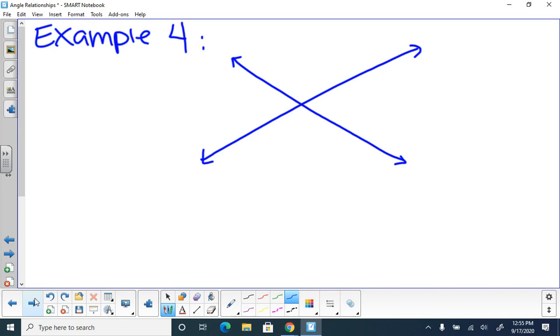So if I said that this angle right here was 73 degrees, and I asked, what is angle B? Now, when we've set up the equations for complementary, we said angle 1 plus angle 2 equals 90. And when we set up the equation for supplementary, we said angle 1 plus angle 2 equals 180. Well, in vertical angles, we are not adding them together.